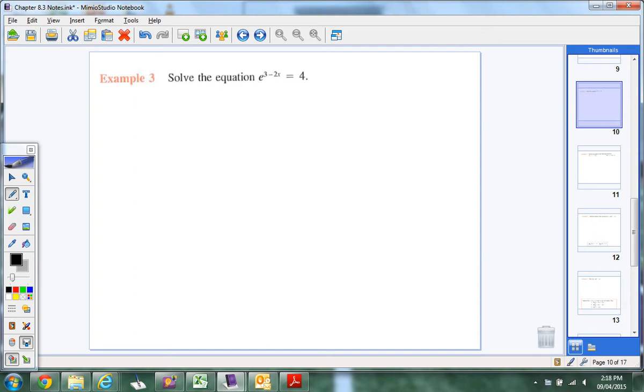This is where you have to be good at logarithms. How can I get it down? No takers? Yeah, ln both sides.